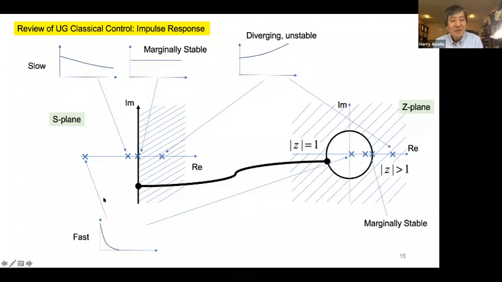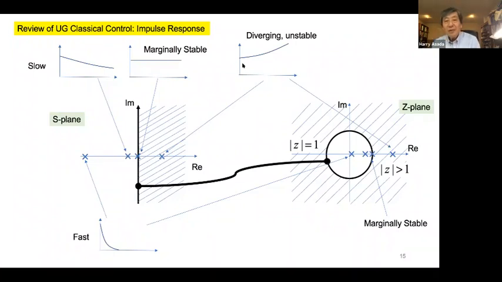But as the pole gets closer to the imaginary axis, it becomes very slowly decaying. Now if it's sitting in the middle, that's basically the origin, it is marginally stable, so the impulse response is just a straight line. It does not move up nor down. If you see the poles on the right-hand side, it diverges, so the system tends to diverge, unstable.